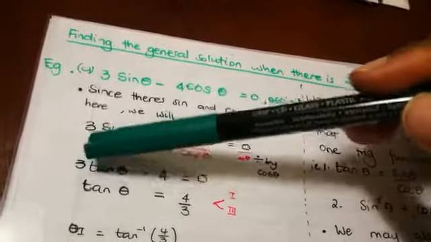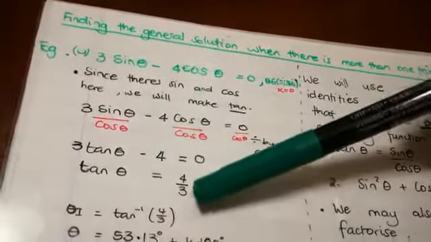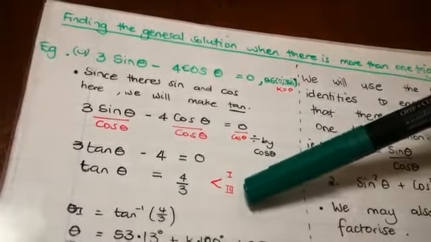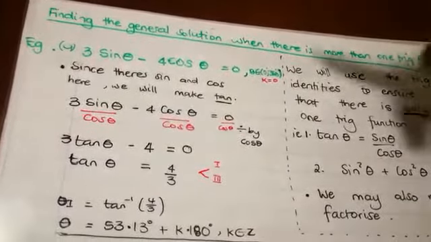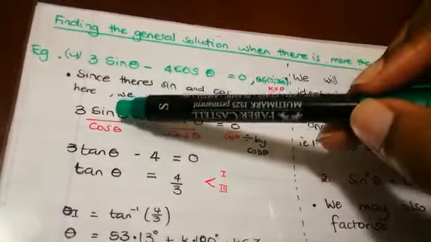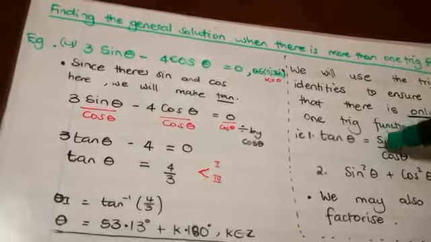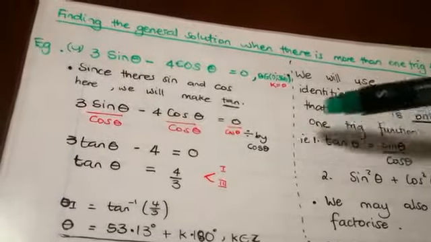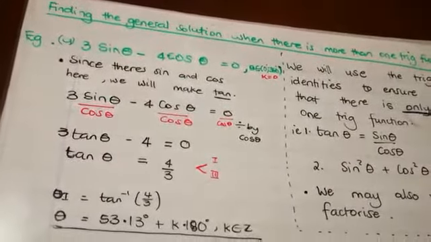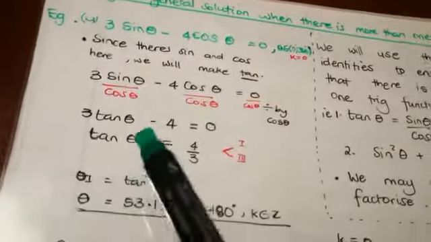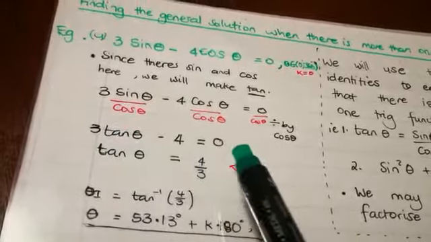Then the equation looks like this, which is now something that we are familiar with. Now it has become tan theta. So I'll say it again: because we've got sine here and cos there, those are the two trig functions that make tan. Whenever you see sine and cos, you know that you must make tan.